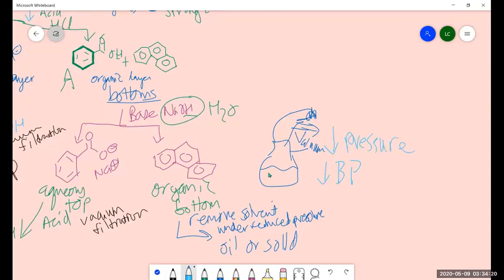I think that's why if you go on the top of a mountain, you can boil things at lower temperatures. So lowering the boiling point so it evaporates quickly, or vapor pressure increases.